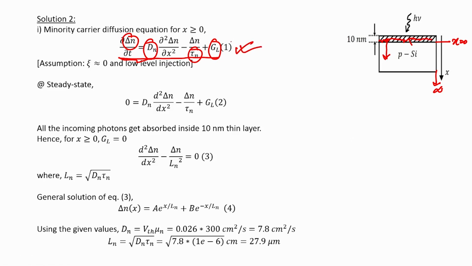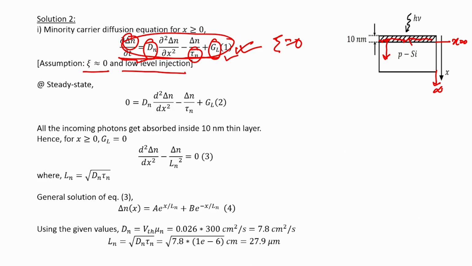So why we have considered this, because our electric field equal to 0, and if you recall the continuity equation, in case of electric field equal to 0 we can reduce the equation to only diffusion term. So that is why this minority carrier diffusion equation looks like this. So assumption is electric field equal to 0, and another assumption is low level injection. Under these two assumptions the minority carrier diffusion equation can be reduced to this.